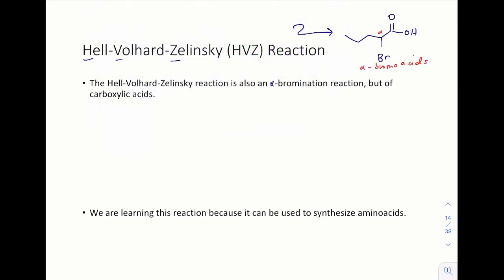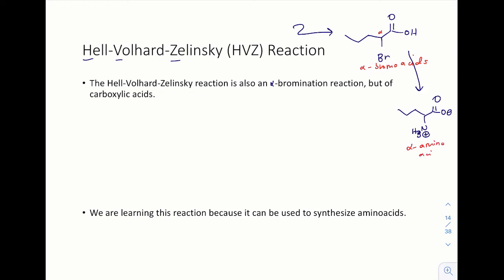And you might say, well, who exactly cares about this? And that's a wonderful question, but a lot of people do because these can be converted into amino acids, which of course technically would have the nitrogen in the protonated state and the carboxylic acid in the deprotonated, the carboxylate state. So alpha bromo acids can be converted to alpha amino acids.